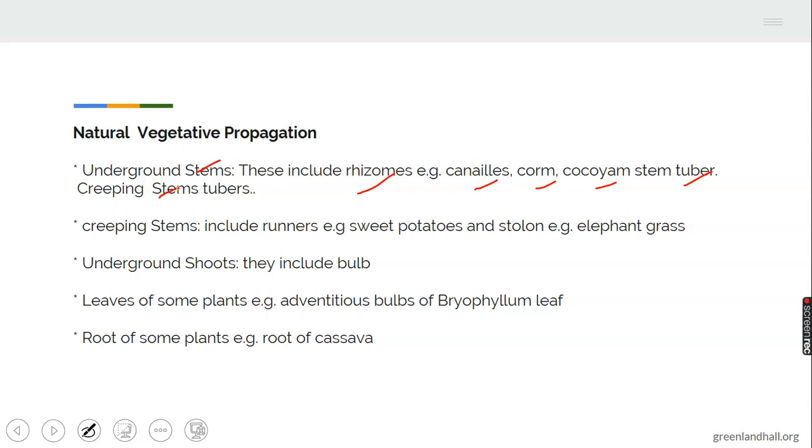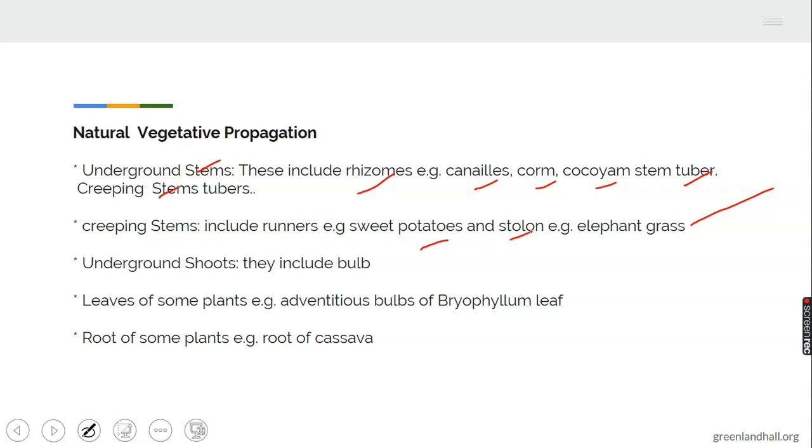We'll have the rhizome, which includes canna lilies and cocoyam, and stem tubers. Creeping stems will include runners such as sweet potato, stolon, and elephant grass.